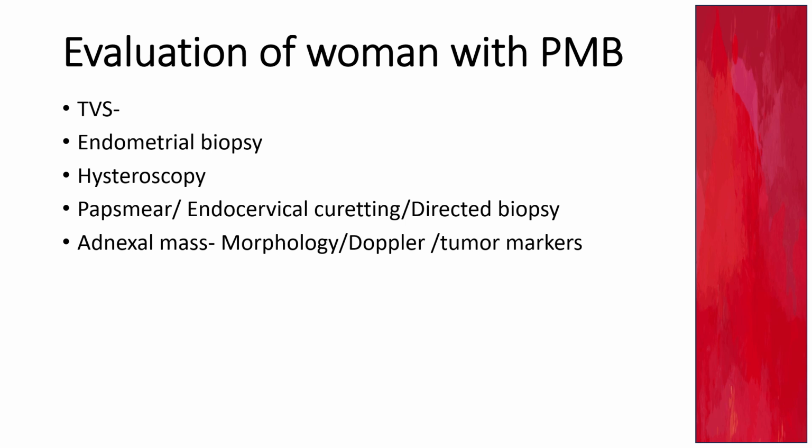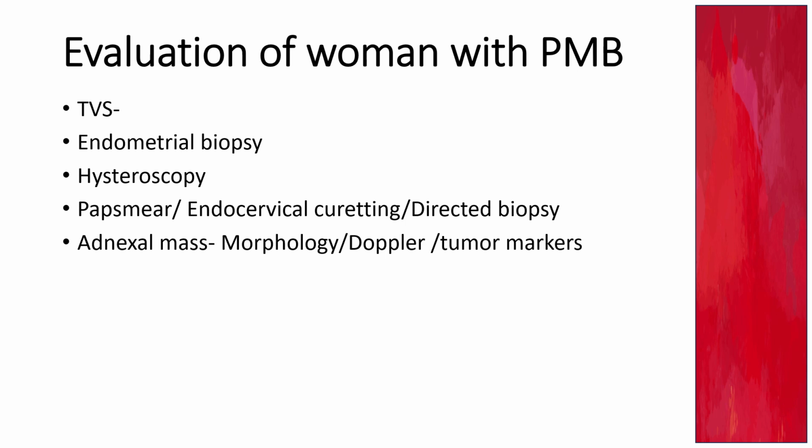There are certain situations where the endometrial biopsy should be done under direct vision, that is using a hysteroscopy. Hysteroscopy is recommended if the endometrium is more than 10 millimeters thick, or there is fluid in the cavity, the endometrium is irregular, or there is a focal thickening of the endometrium, and in the presence of recurrent postmenopausal bleeding irrespective of the endometrial thickness.